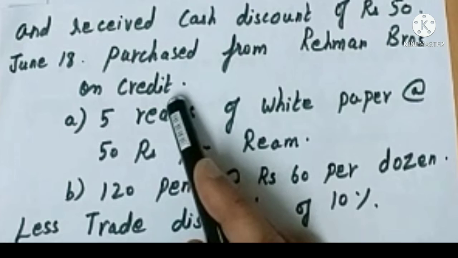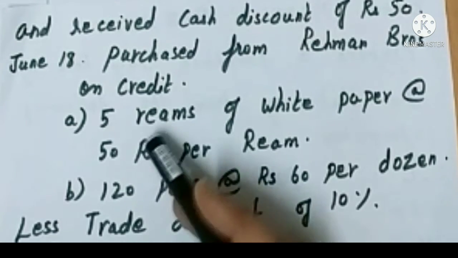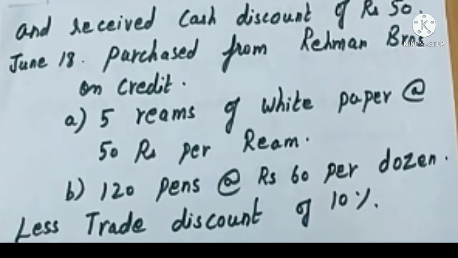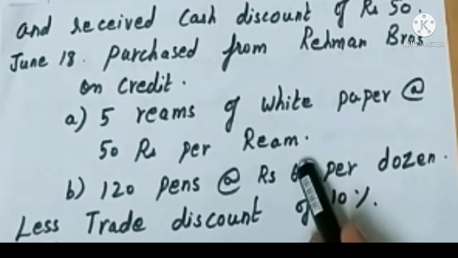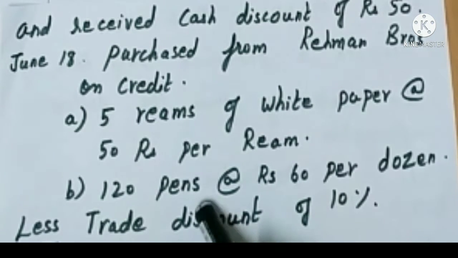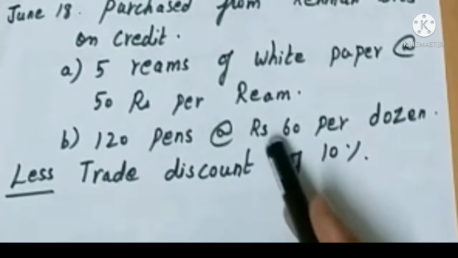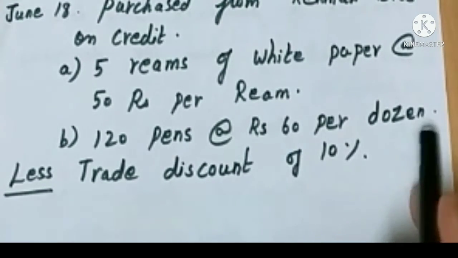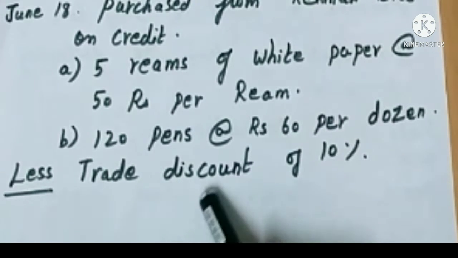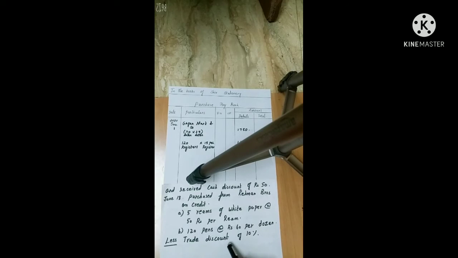So this will be recorded in subsidiary books. 5 reams of white paper at rupees 50 per ream. 120 pens at rupees 60 per dozen, less trade discount of 10%. Trade discount is given to customers to attract more sales and to receive bulk orders.